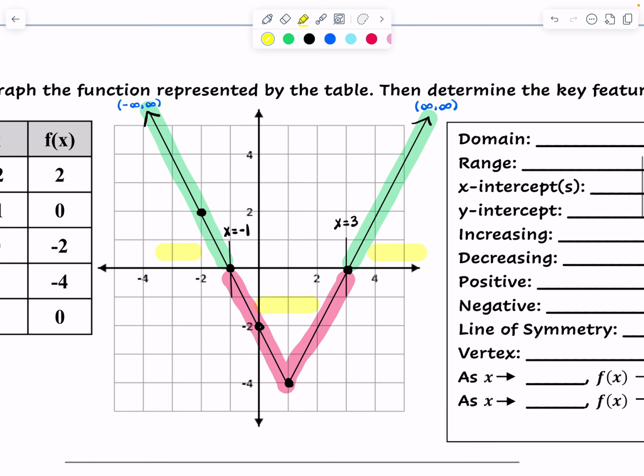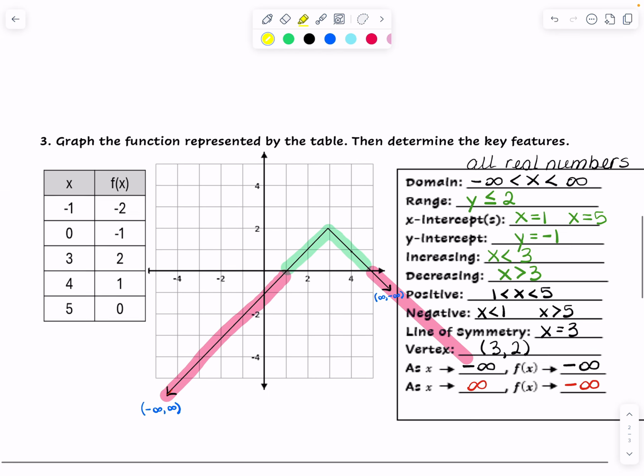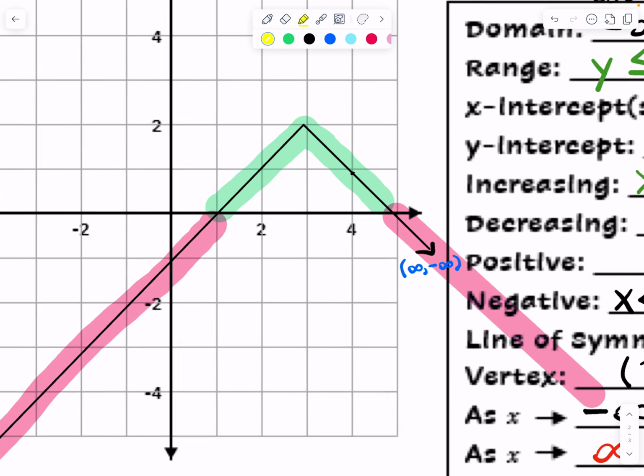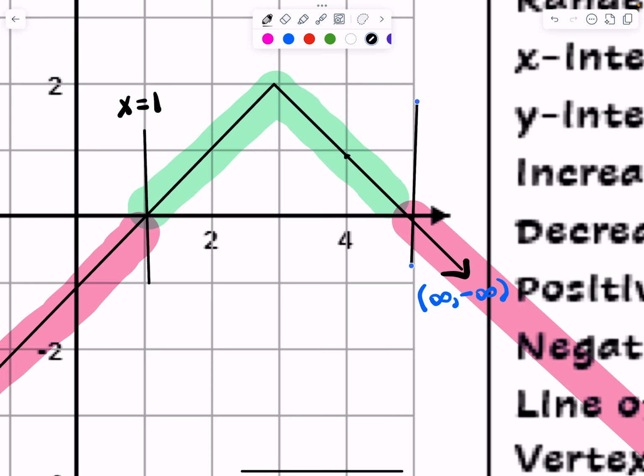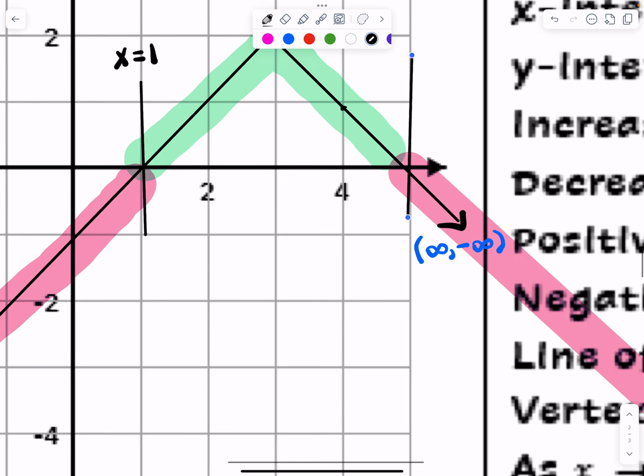All right, but I have my own example to finish, so let me go to number 3. So on number 3, I'm going to look at here. If I didn't want the highlighter, I want the pen. Right here, x equals 1. Here, that should be on 5, so that's not a very good line, but x equals 5.